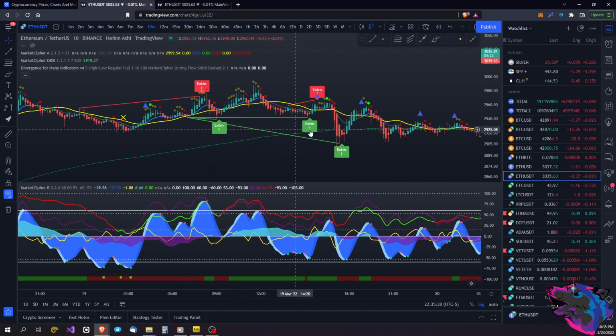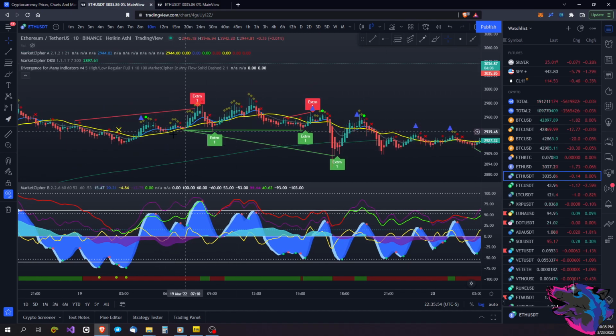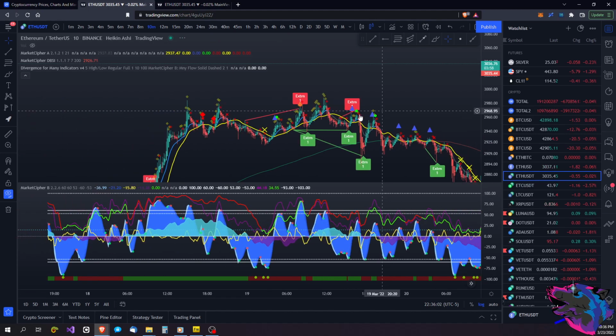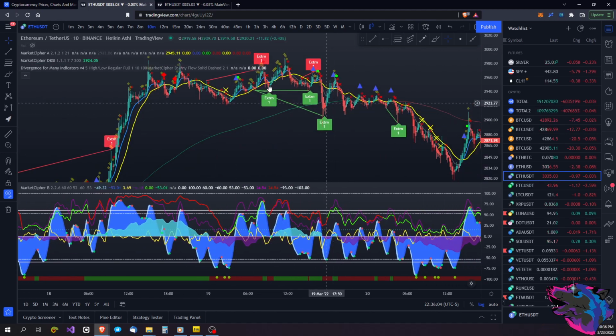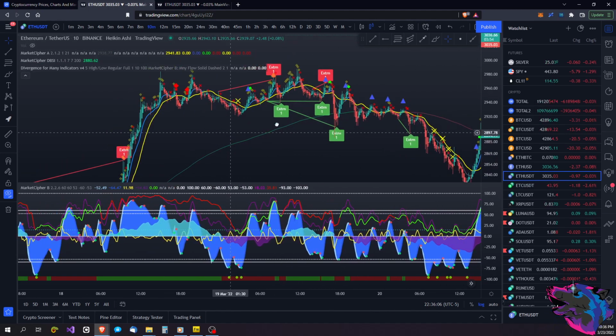We got some bully boys right here. This one's kind of jacked up because you can't really skip that low. It doesn't really work that way. I wouldn't generally, with the divergence, take a low from this uptrend and compare it to a low from a different short little trend. So those ones are a little funky right there.